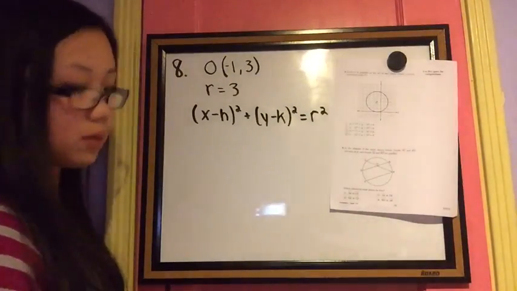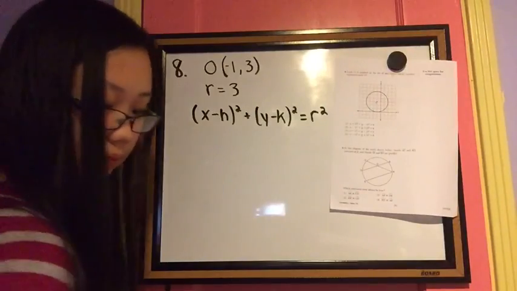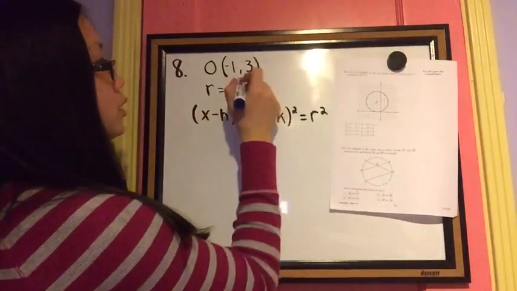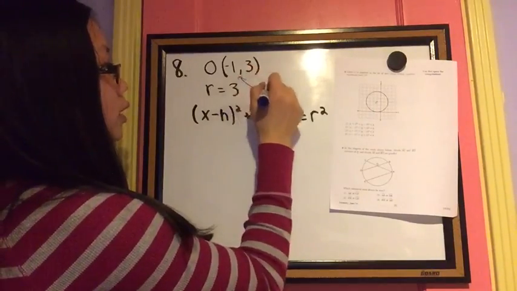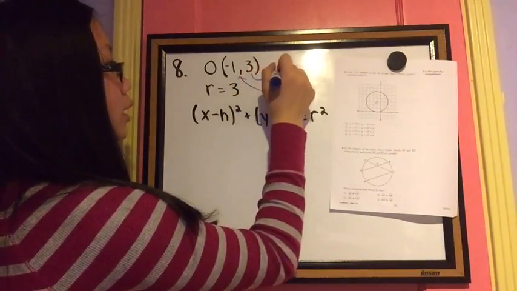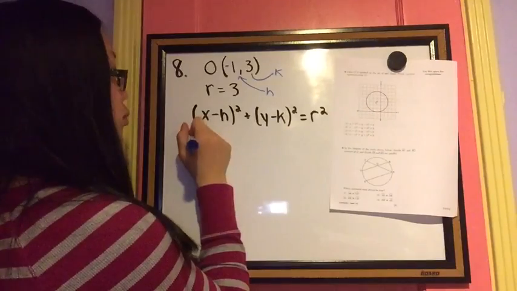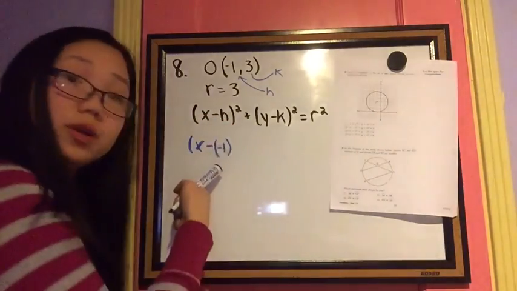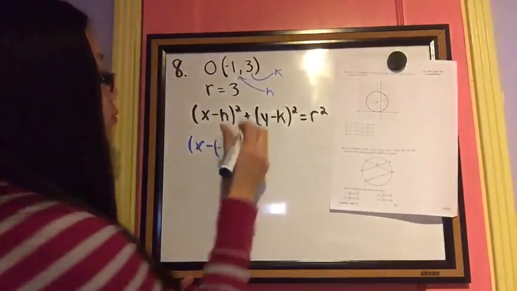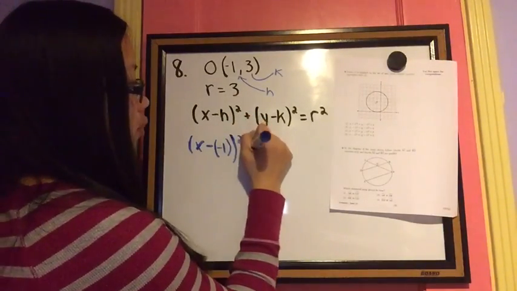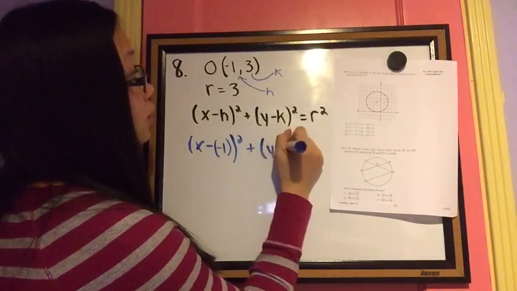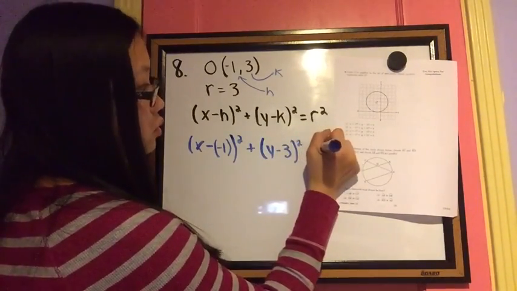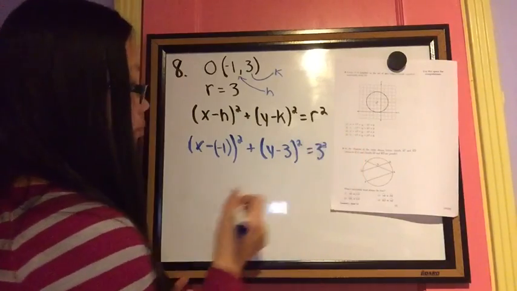So after that, we can plug in our information. So in this case, this -1 would be h and 3 would be k. So x minus -1, make sure you put the -1 in parentheses, squared plus y minus 3 squared equals r squared, which is 3 squared.